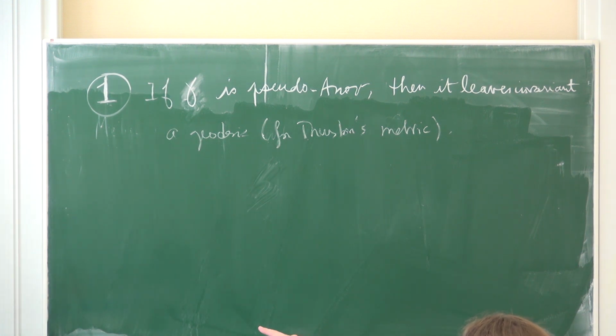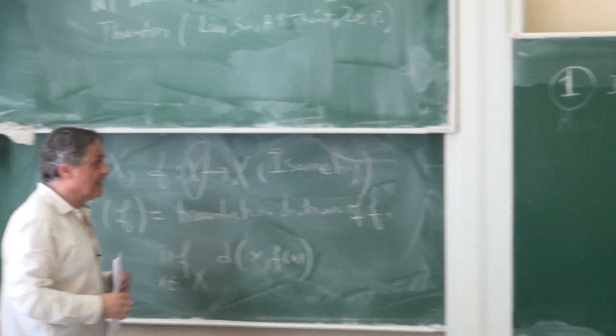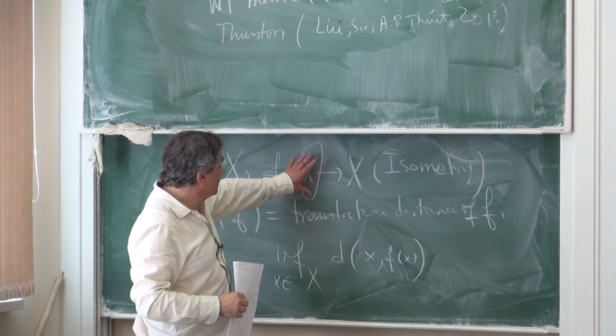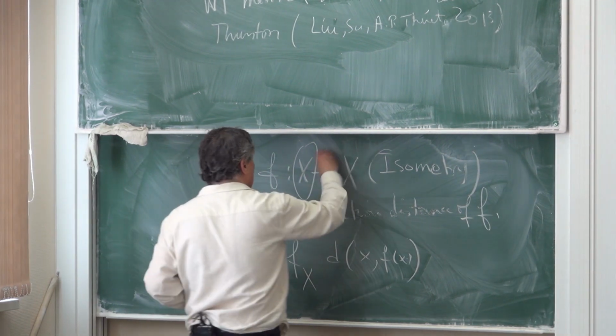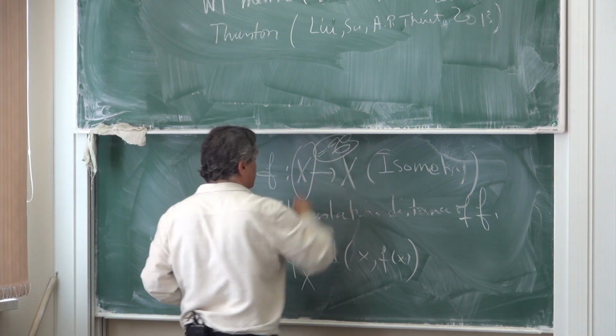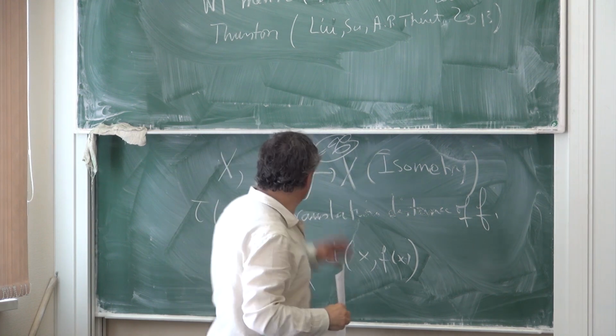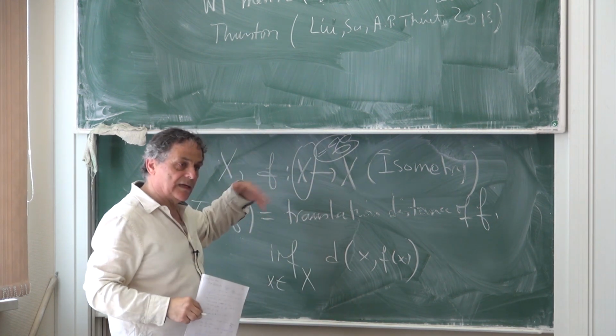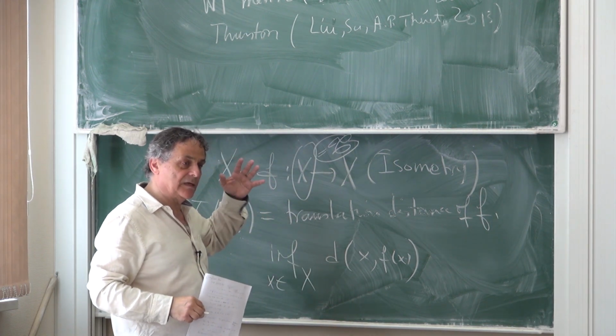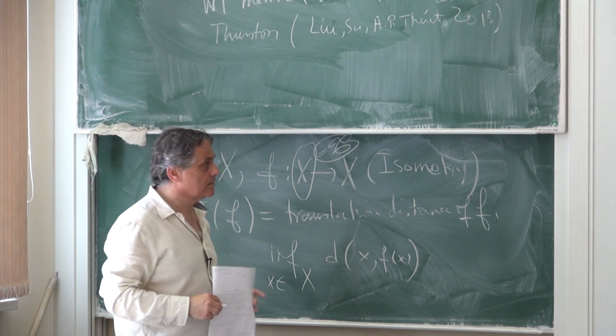Definition: X was any metric space, and now I'm specializing to X being Teichmüller space, and f is the action of an element of the mapping class group.